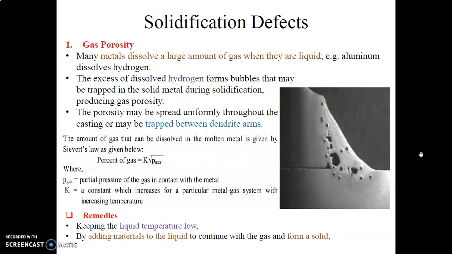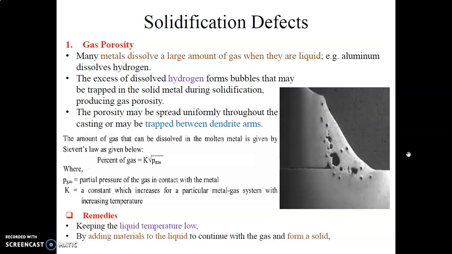So at last here we discuss the defects, that is, gas porosity. You can see here gas which was entrapped in the solid and it will produce the porosity. Many metals dissolve a large amount of gas when they are liquid. Aluminum dissolves hydrogen.